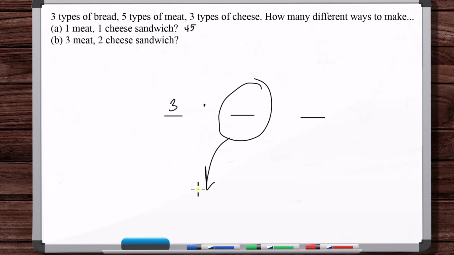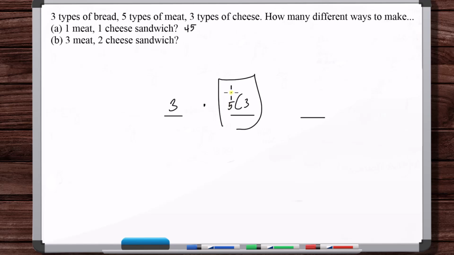How many different ways can you choose 3 meats from 5 when order doesn't matter? It's 5 choose 3, and that's the number of outcomes here. That's what we're going to put in this slot in the middle for the meats. We're applying the product rule.